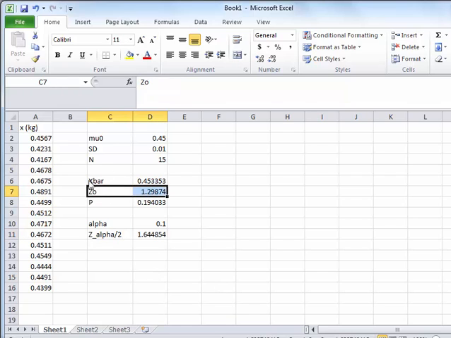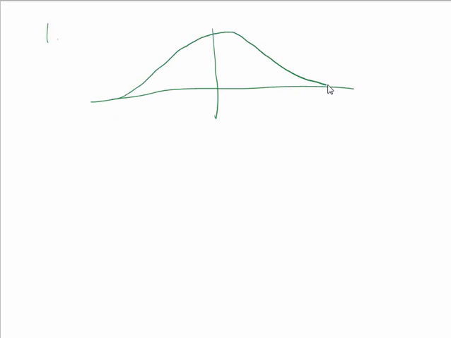But let's see what that actually looks like so that you can see what I'm talking about when I talk about a critical region. In the case of the first approach, we were essentially trying to find the probability where something was more extreme than z-naught on both sides.